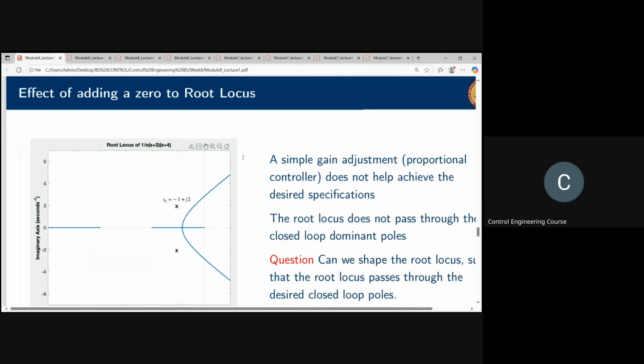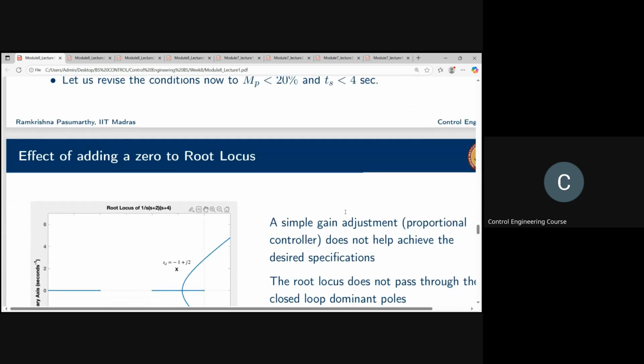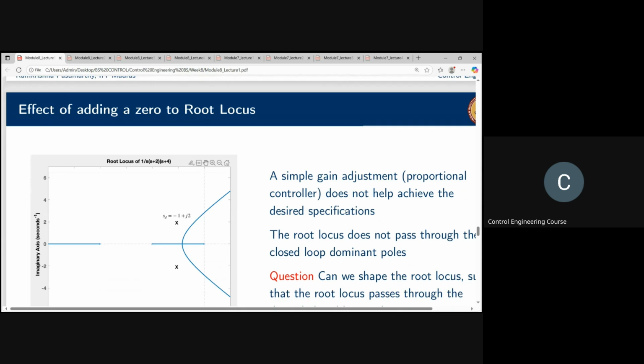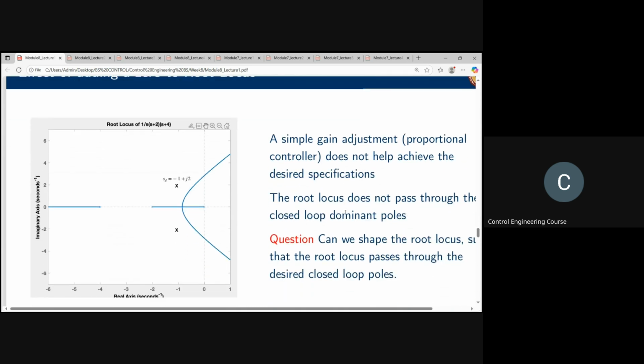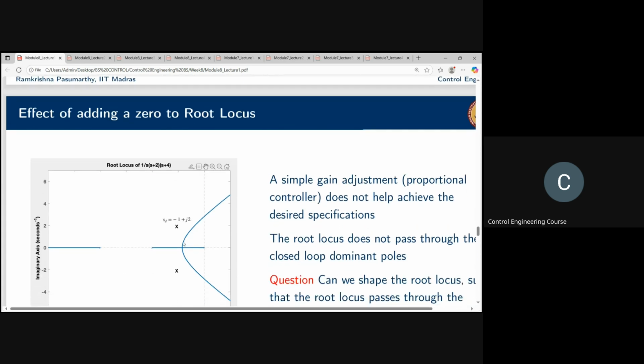Now you have another specification. MP now less than 20% and TS now less than 4 seconds, not 6, not 5, even more stringent. But MP is more relaxed; 20% you are allowed to go. What happens now is this is the root locus, and it turns out a simple gain adjustment cannot bring the system to any pole location that you want.